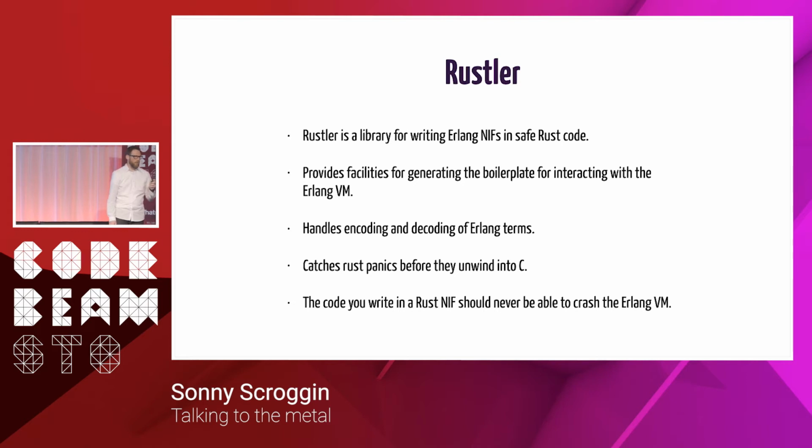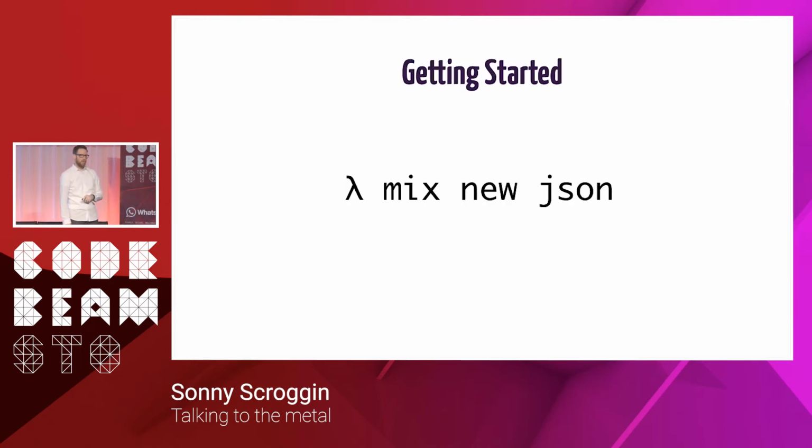All right. So a quick getting started on this. Everyone builds their own JSON library, so I decided to do one too. You can start off with the mix tool, mix new JSON. You add your Rustler dependency, and if you want to use master, you can.